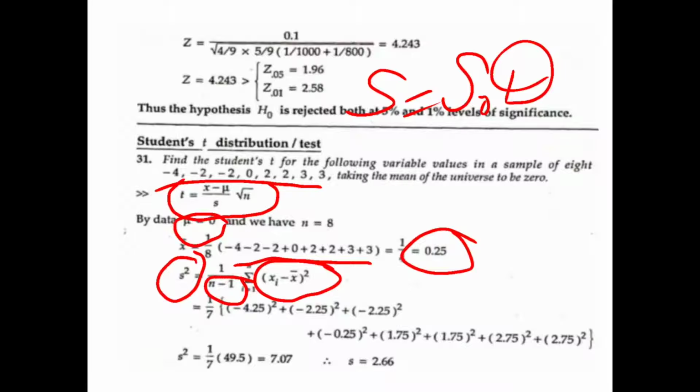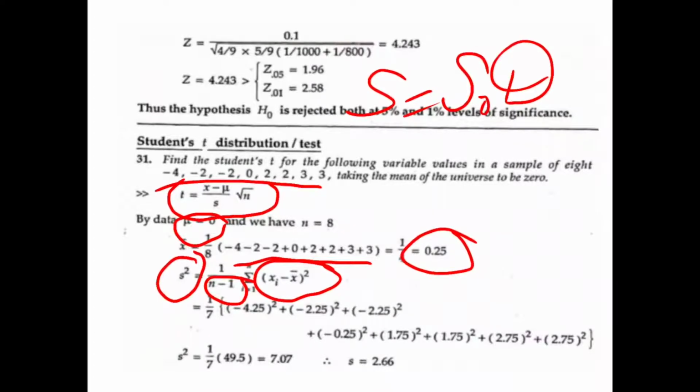So how do you get x minus x bar? Here x is nothing but all the single values given in the question, and our x bar value is fixed, that is 0.25. We just found it. So minus 4 minus 0.25, which is minus 4.25, the whole square, plus minus 2 minus 0.25, which is minus 2.25, the whole square.